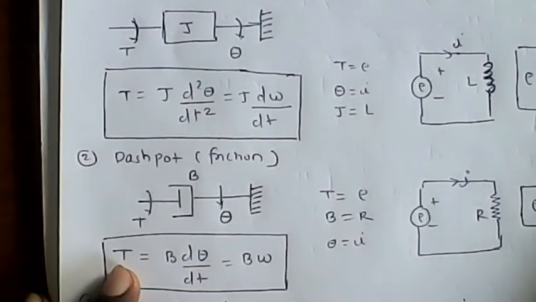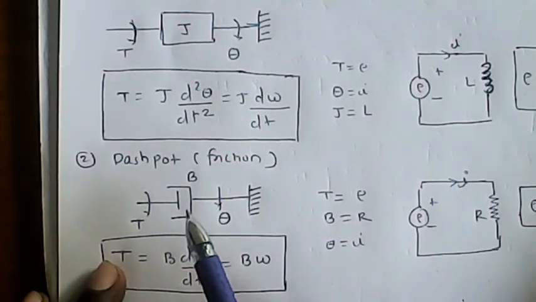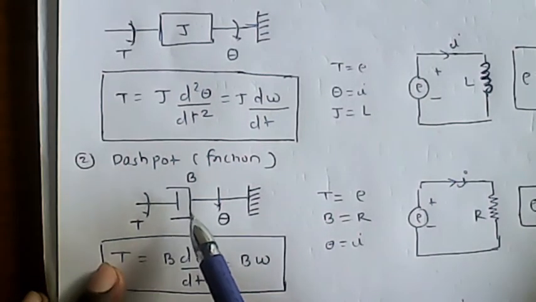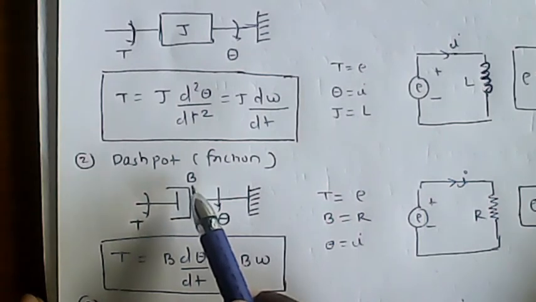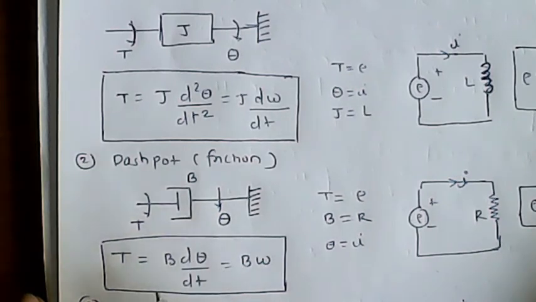Now similarly, when we apply a torque on a dashpot, some friction is present. The friction is denoted by the friction constant, that is B, and the angular displacement, that is theta. So torque is produced by friction, given by the relation between torque and friction: T is equal to B into d theta by dt, where theta is the angular displacement.